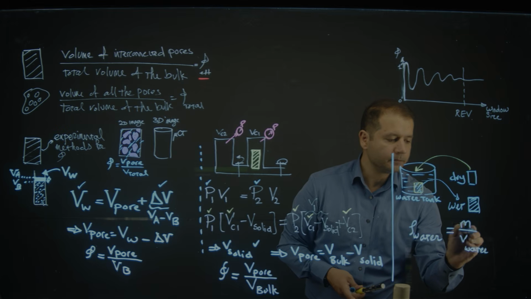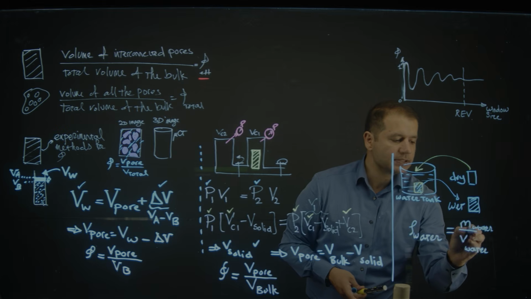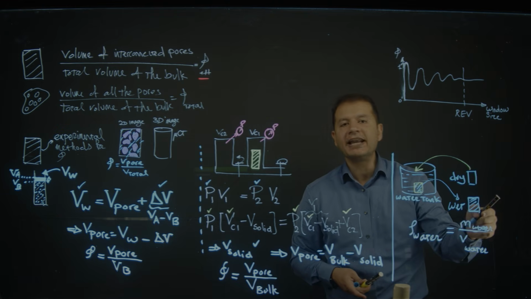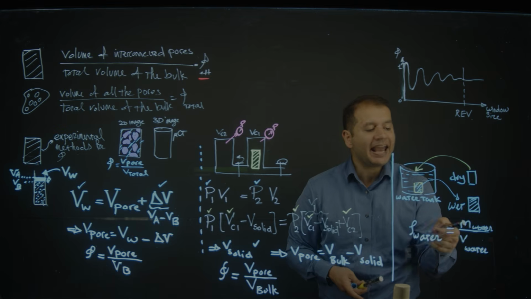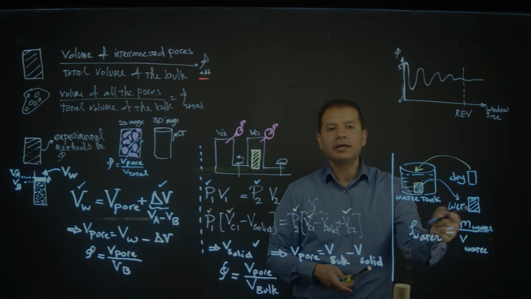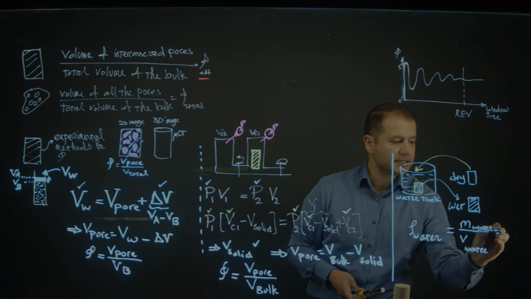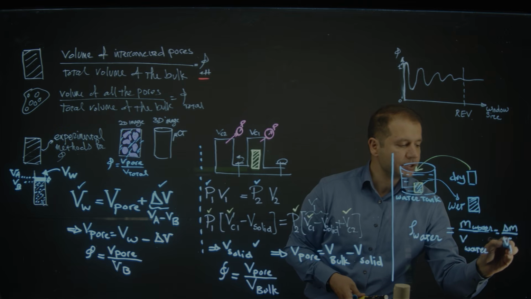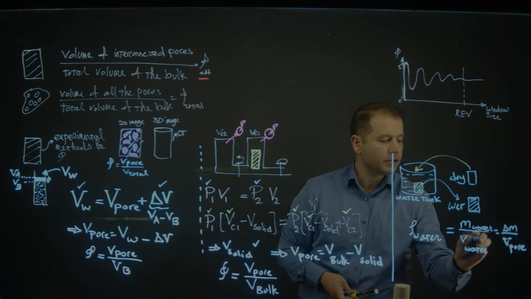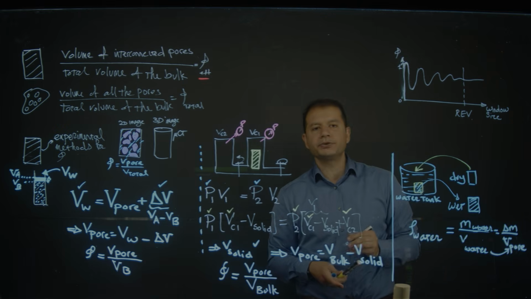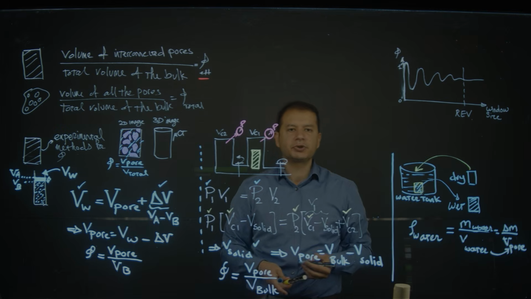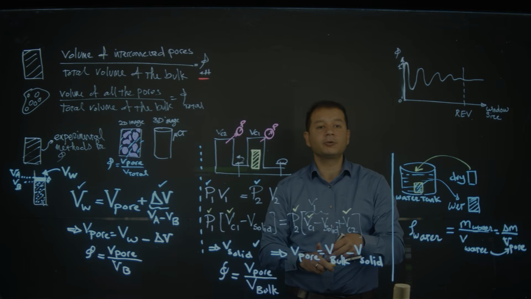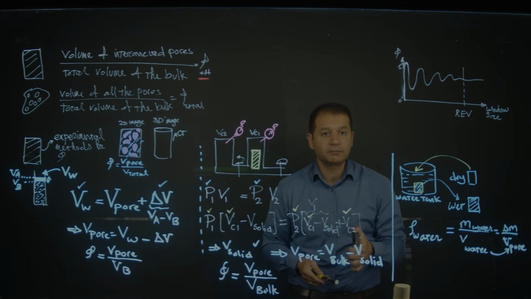So by measuring the mass before and after, I know how much heavier it became, the change of the mass, or delta M, and this allows me to understand the pore space that I have, because water is filling my pore spaces, and I know the density of water, the temperature and pressure at which I'm doing this experiment. See how many creative ways you can have to understand porosity.